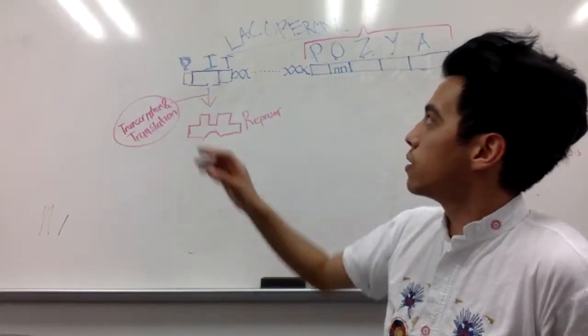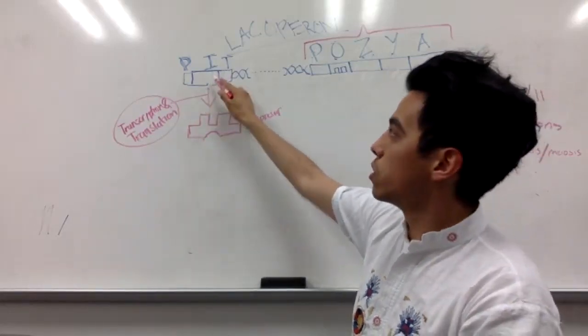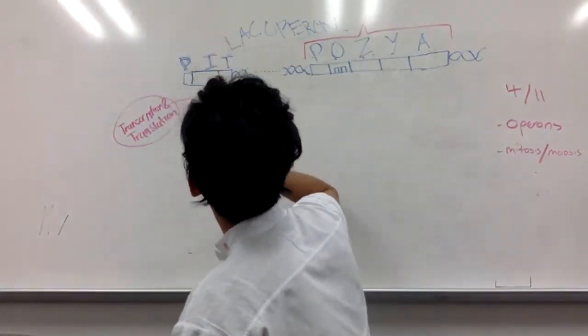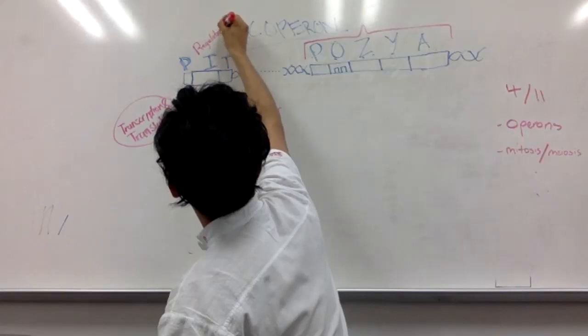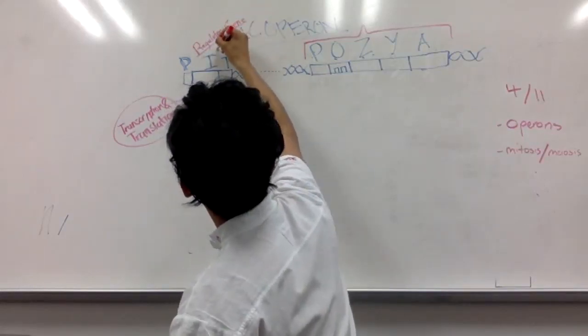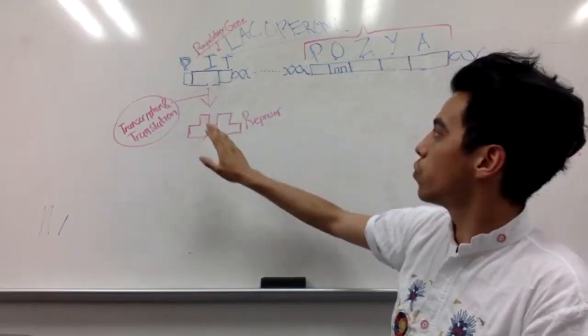So we have this gene called the lac I gene, which is a regulatory gene. This regulatory gene codes for a repressor.